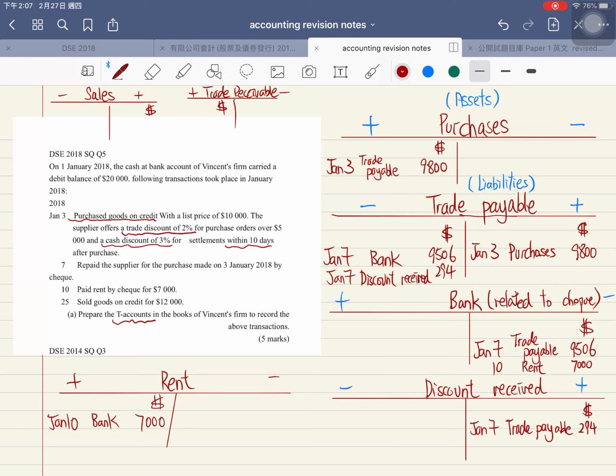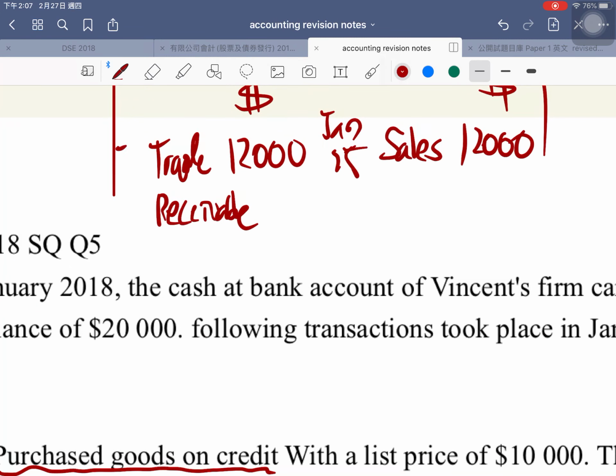So we debit trade receivable, credit sales, and here we write down trade receivable, sales here, January 25, January 25.